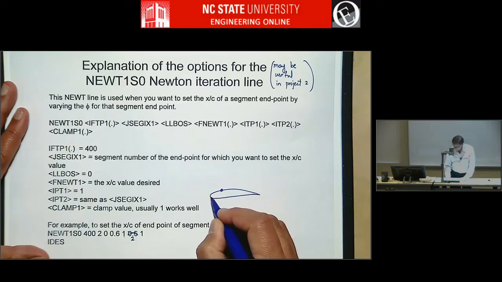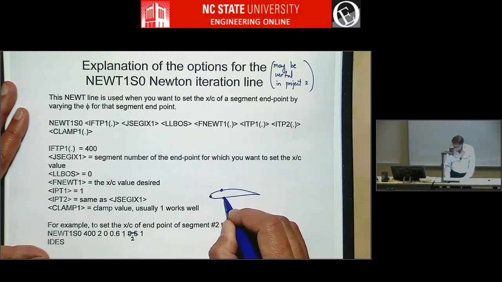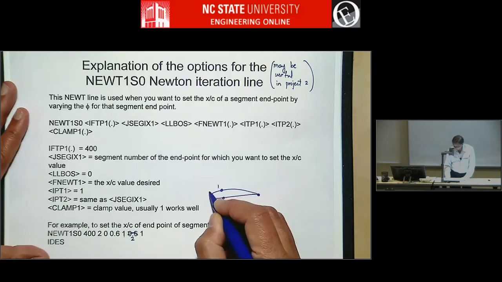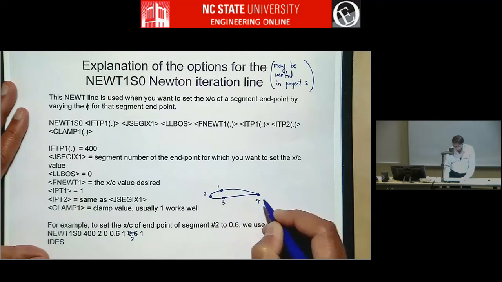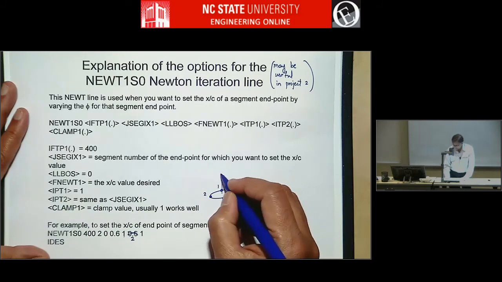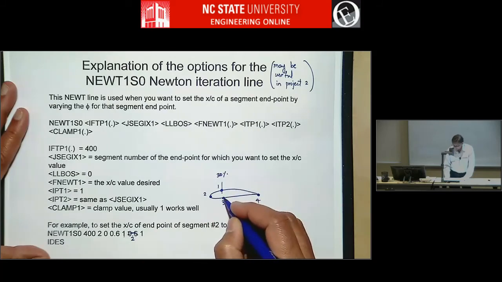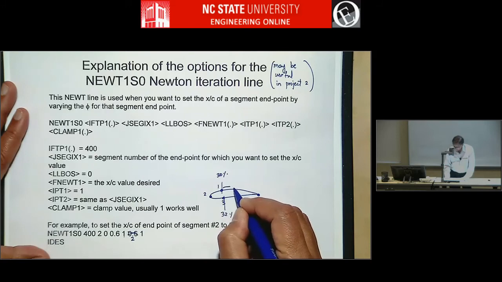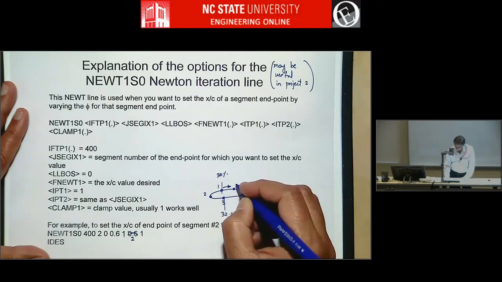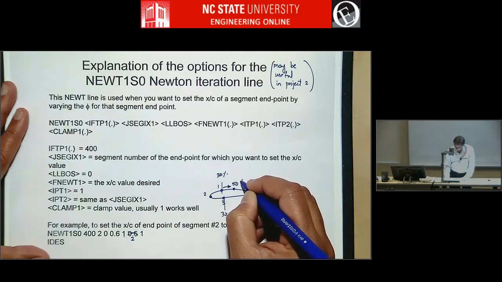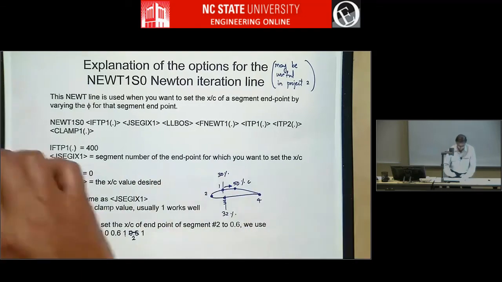So let's say you have one segment here, another segment here, and this is 4. So 1, 2, 3, 4. And let's say this is at some 30% chord, and let's say this is at 32% chord, and I want to move this to 50. So this is a new location.